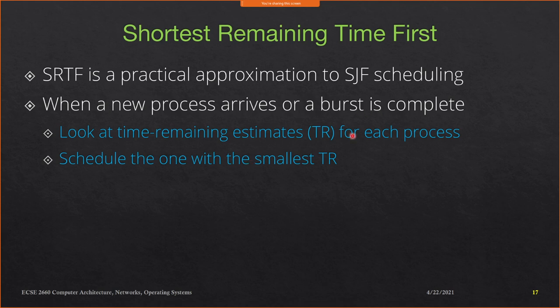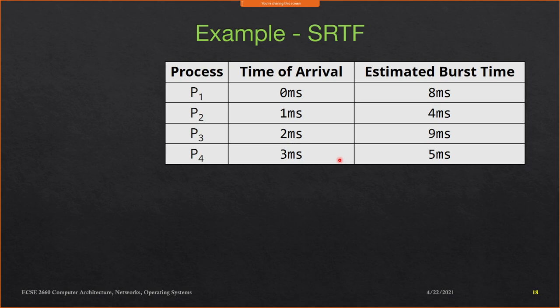Again, we'll take a look at an example to get a better idea about how this shortest remaining time first algorithm works. In this table here, we have 4 processes, P1, P2, P3, P4. Their times of arrival, the times at which they enter the ready queue, are given to us: 0, 1, 2, 3 milliseconds respectively for P1, P2, P3, P4.